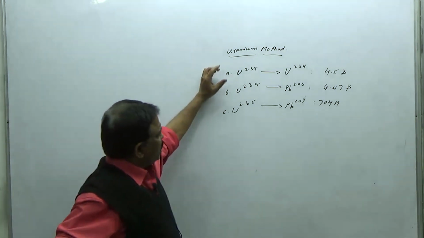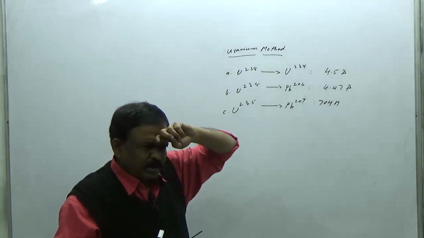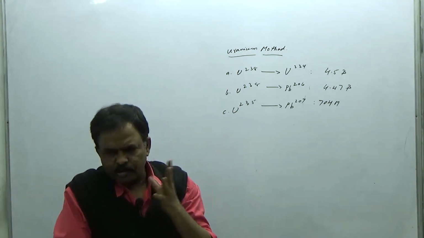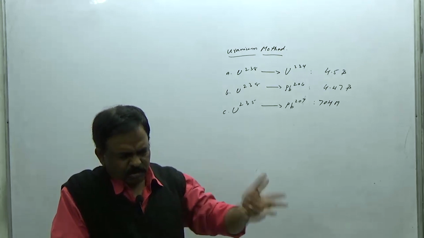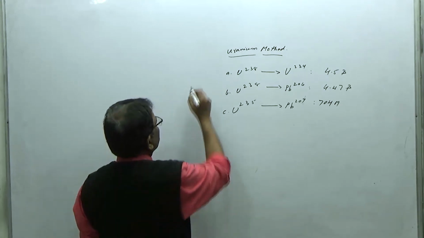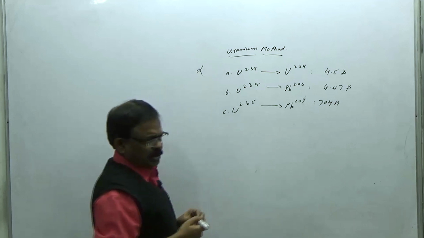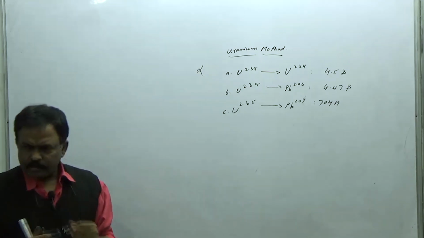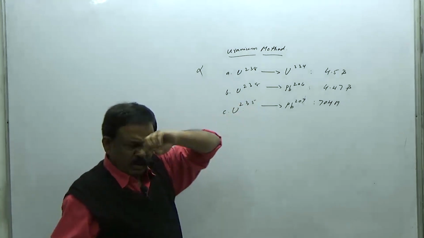Uranium 238, 235, and many others are available. This uranium is also radioactive. It releases alpha radiation and converts from one form into another.